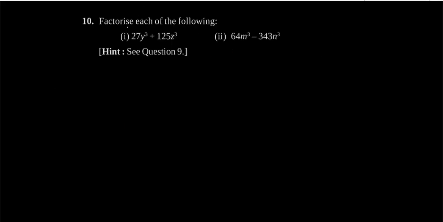Next one, factorize each of the following using question number 9. Question number 9, what we have done? We got two identities, that is x cube plus y cube equal to x plus y into x square minus xy plus y square.